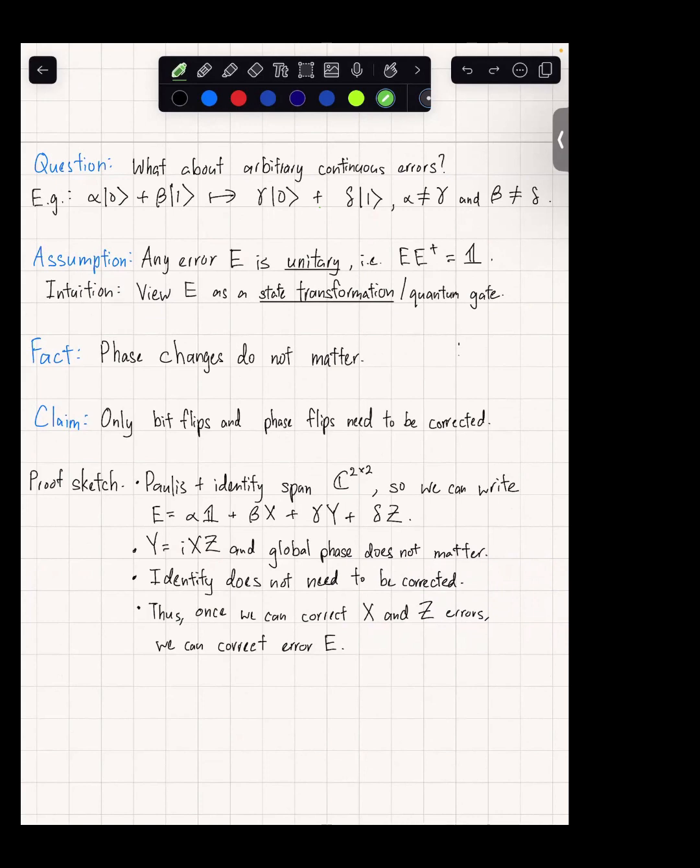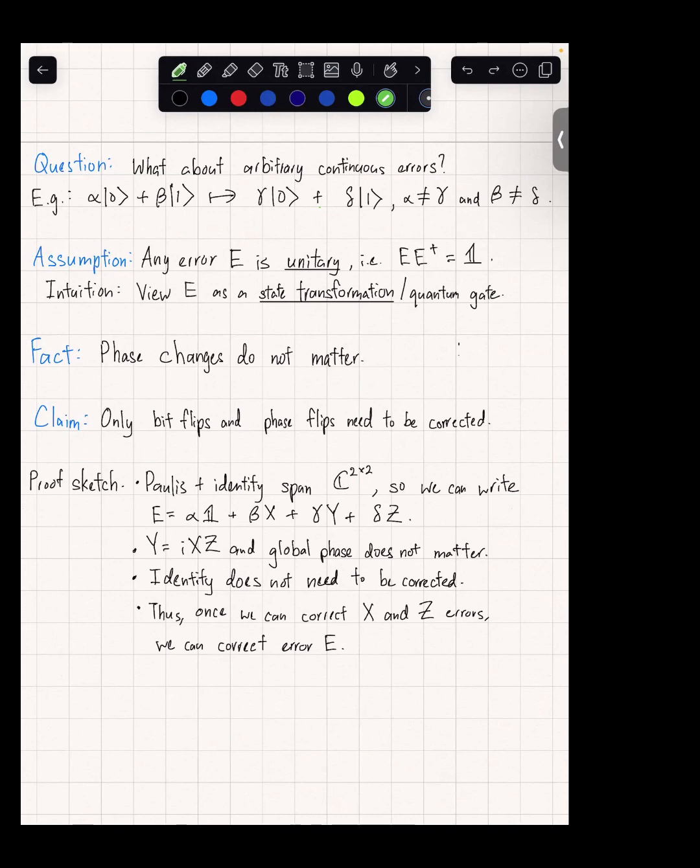The first assumption is that any error E is unitary. So if we think of it as an operator, that means that E times E dagger must be equal to the identity. The intuition here is that we can view any error E as just another state transformation or a quantum gate, which have to be unitary.